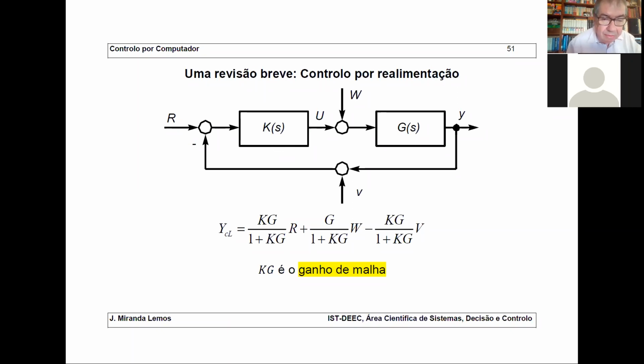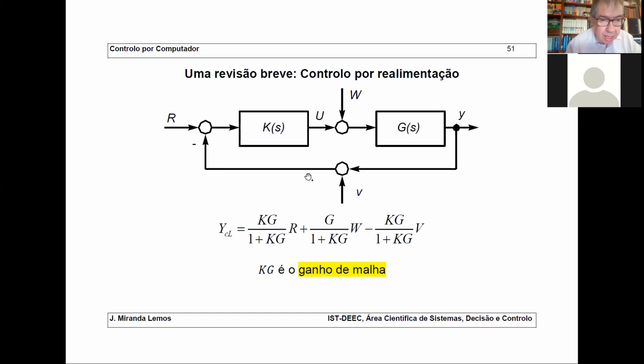And then you have the reference R, which is compared with the measurement of the plant output Y. But the plant output Y is measured with sensors, and sensors introduce noise. So V is noise, which is additive noise. So the reference is compared not with the true plant output, but with Y, the true output, plus observation noise of the sensor.